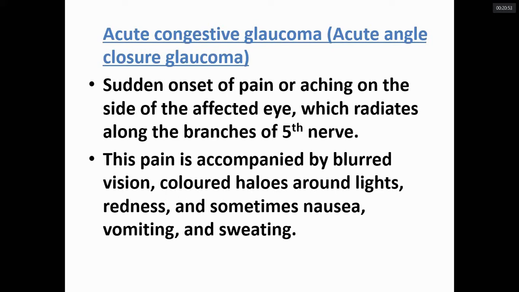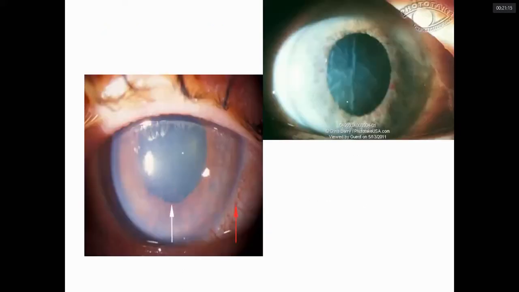So it's very important: in case of acute congestive glaucoma, if the patient has a red eye, blurring of vision, headache, vomiting, then we ask for color halos and sweating, the time, any previous attack, and the site of radiation of the pain.